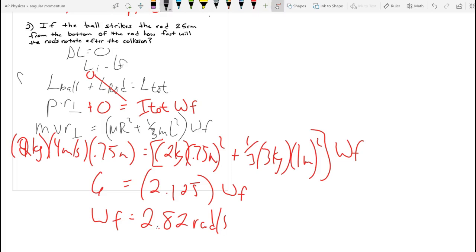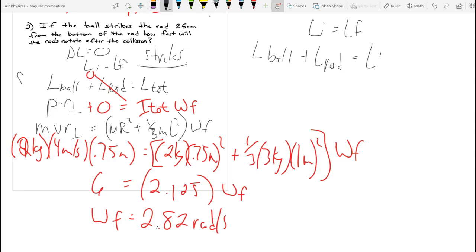Again, how could you check to see that this compares to the other one? So this was over here if it sticks. Let's do the other one if it doesn't stick. So this would be, again, Li equals Lf. I have the ball, which is the same, plus L of the rod, that doesn't change, equals, now it's not L total.